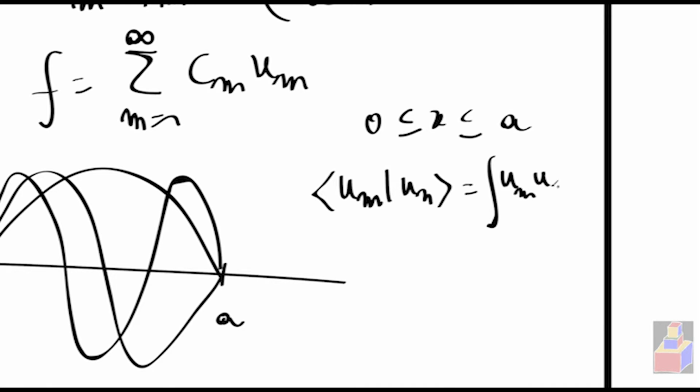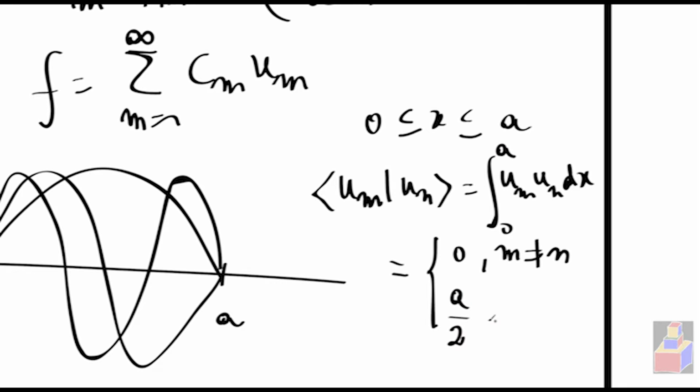So it's Um Un dx. If we calculate that, it's going to be equal to 0 for different indices, and it's going to be a over 2, between 0 and a, if the indexes are equal. Okay? So this is very easy to calculate.